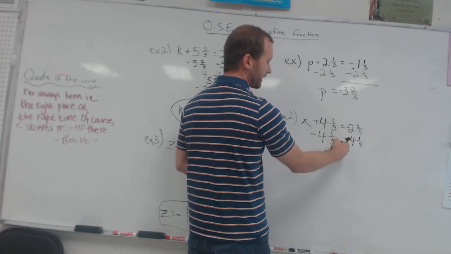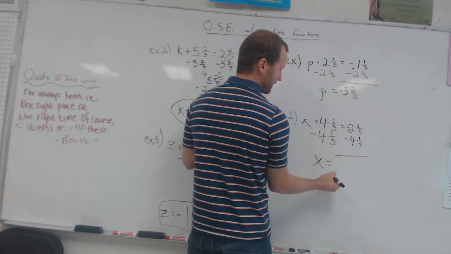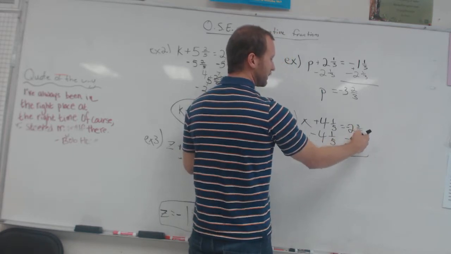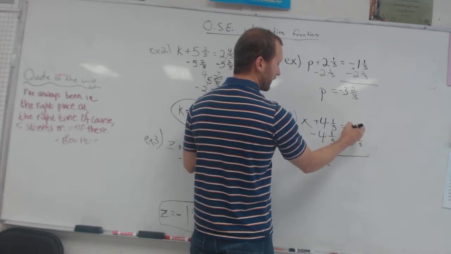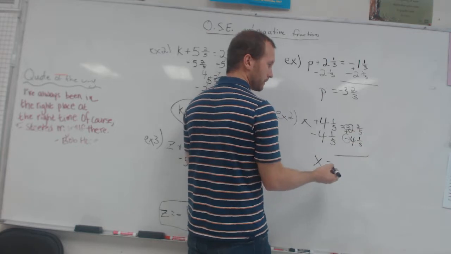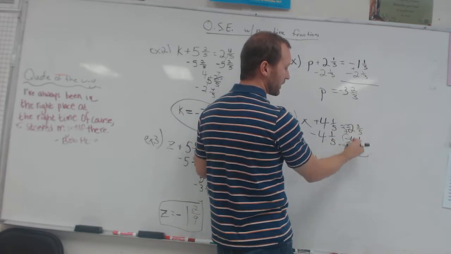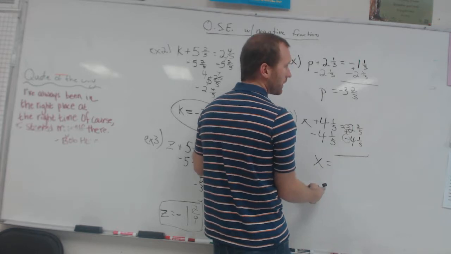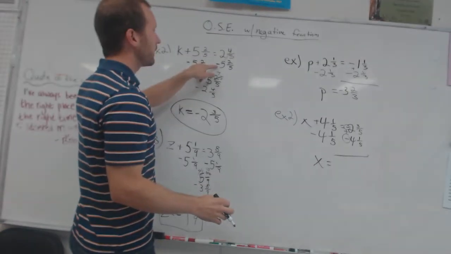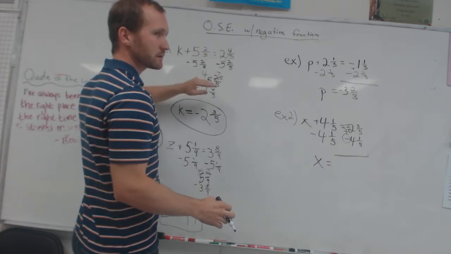They're both negative, so I'm actually adding. So 3/5 plus, right? So when I have 2 negatives, if they're both negative, I actually add the numbers, but you don't have to flip them. But if one is negative, and the other one's positive, then I subtract.